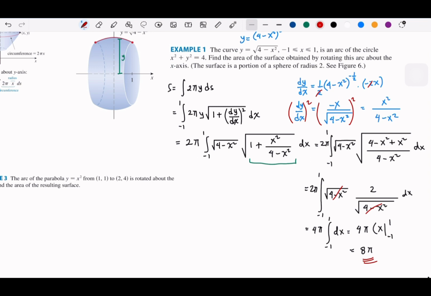Okay, that's example 1. There is another example 2, but I skipped example 2. This is similar. I will go for example 3.